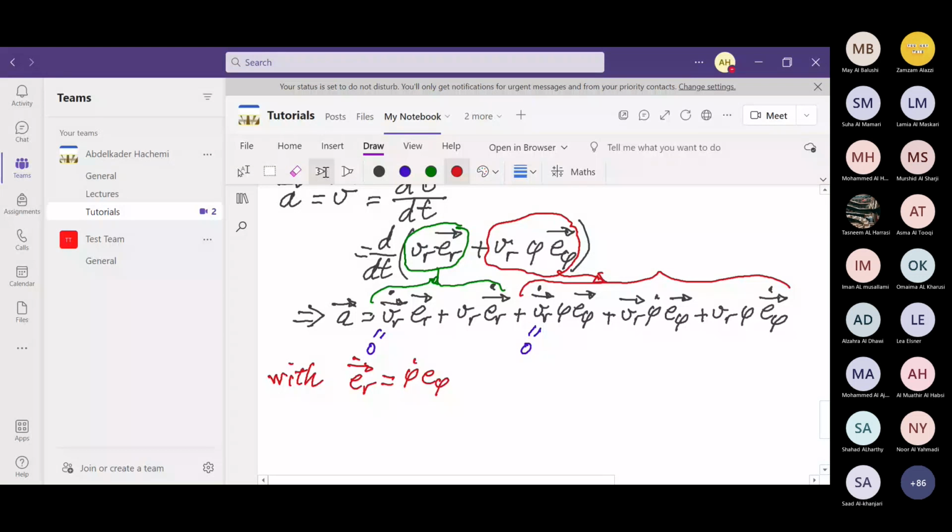Yes, we had, as I said, that e_R dot is only phi dot e_phi, and e_phi dot is only minus phi dot e_R.